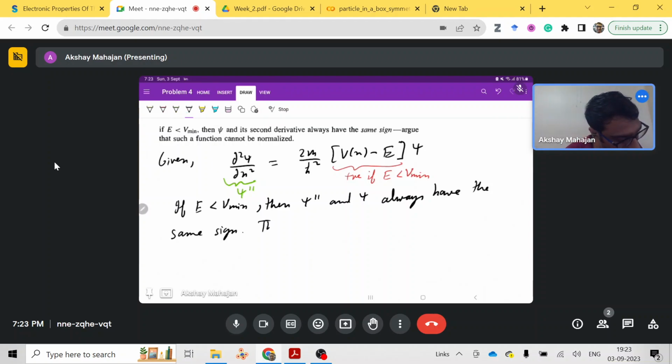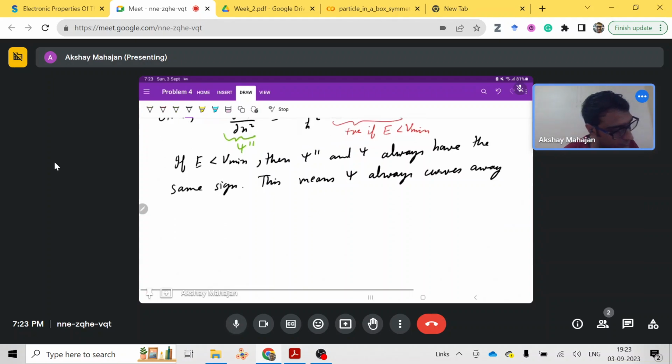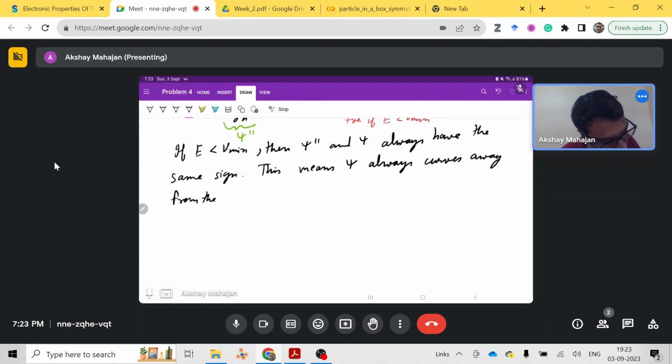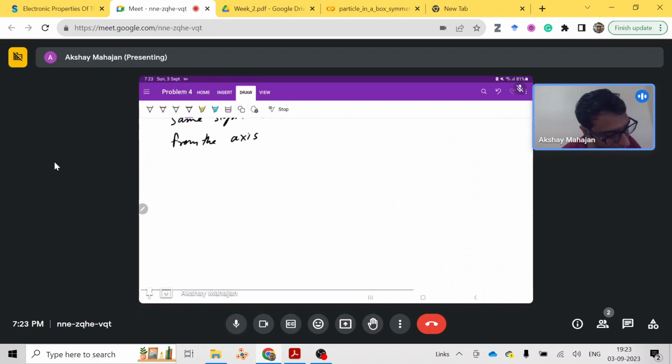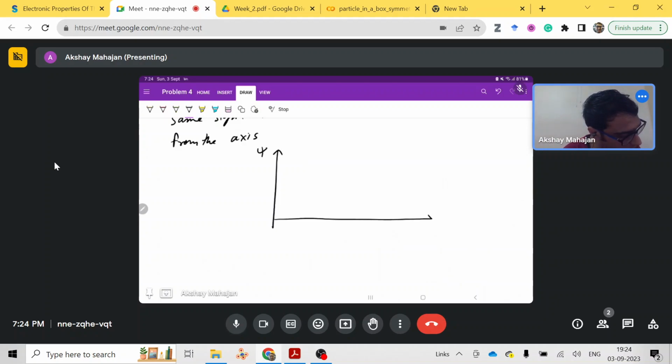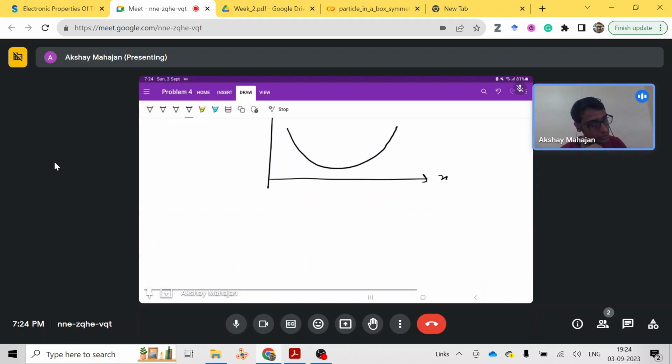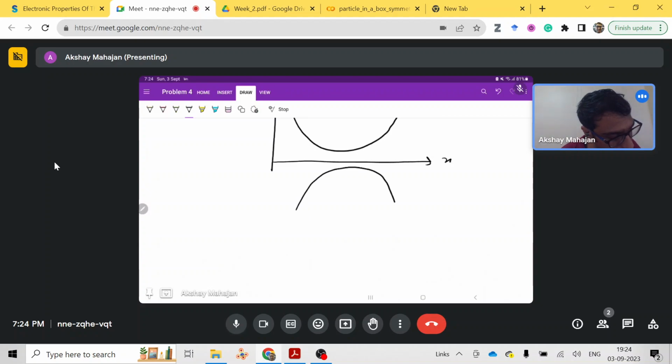This means psi always curves away from the axis. So if I plot psi as a function of x, then if psi is positive, it will go like this, because psi double prime also has to be positive, and if psi is negative, then you will get this kind of curve, because psi double prime has to be negative.